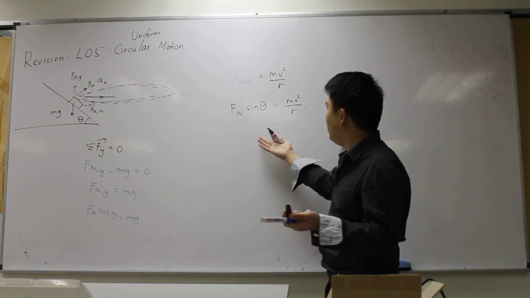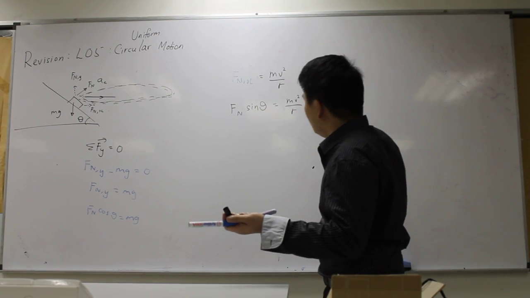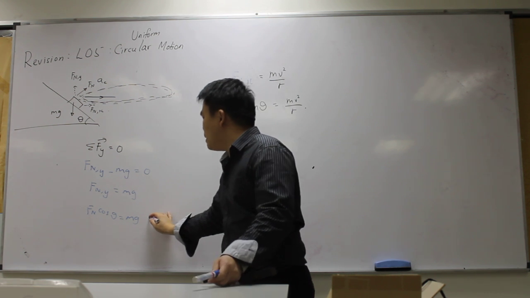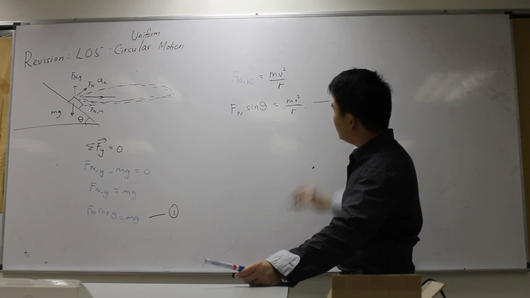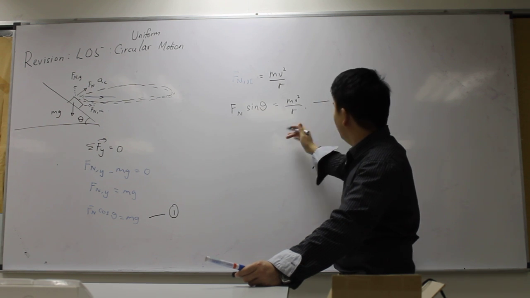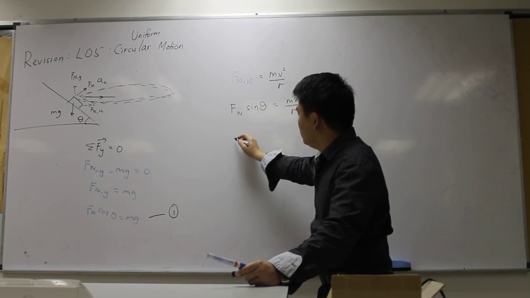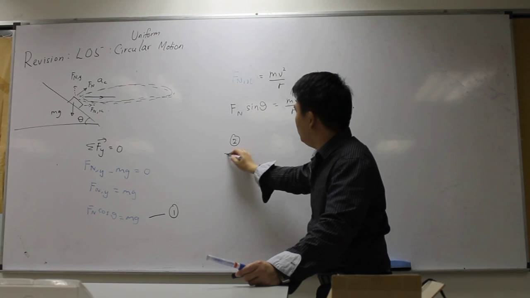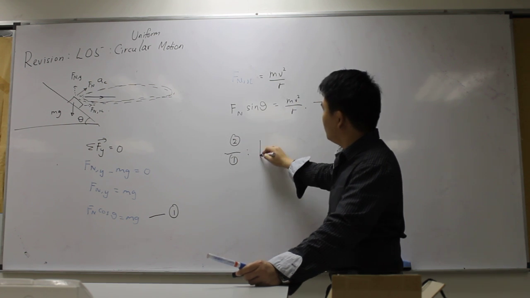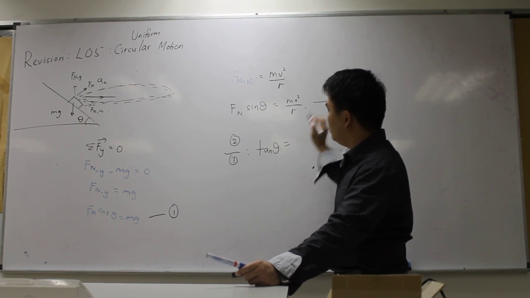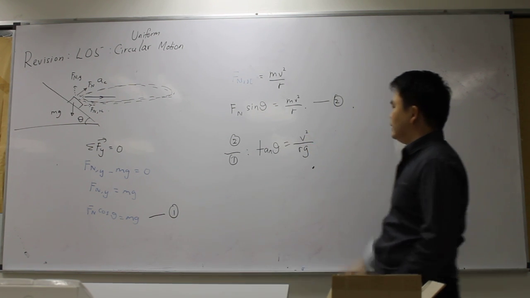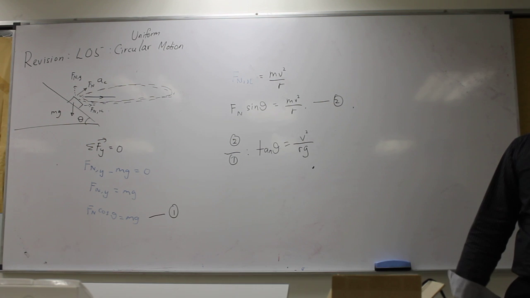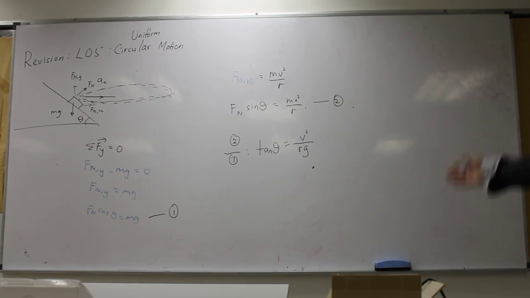Of course, you can find out accordingly, or else you can use some mathematical operation to cancel the effect of Fn. So let's say I put equation 2 divided by equation 1, then tangent theta equals v squared over rg. It looks similar to the example that I gave just now.